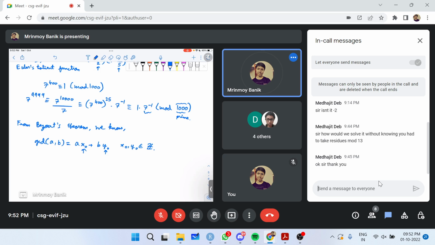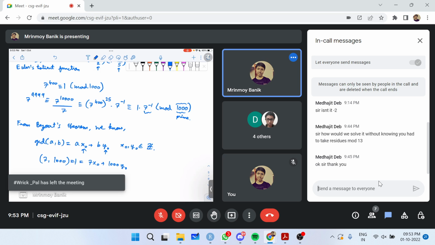So how would you find the x naught and y naught? Here in this case, the GCD of 7 and 1000 is 1, of course. If you are able to find x naught and y naught, so that 7 x naught plus 1000 y naught is 1, and you take mod 1000 on both sides, then 1000 y naught goes to 0, and 7 x naught is congruent to 1 mod 1000.